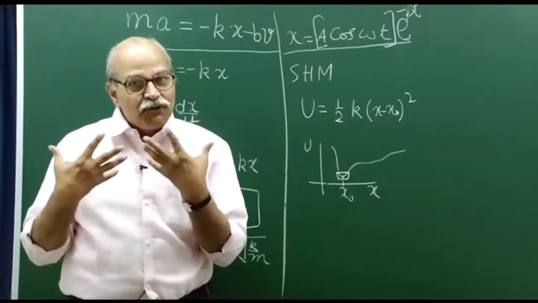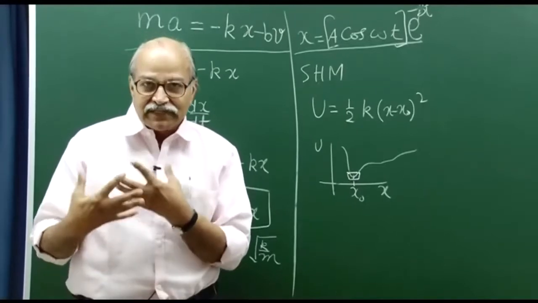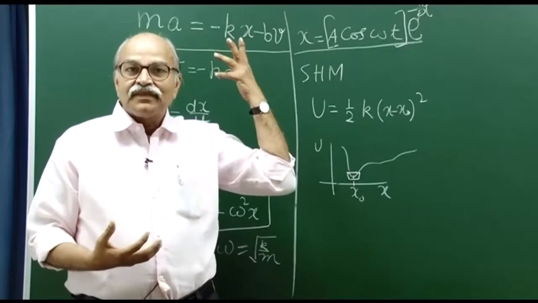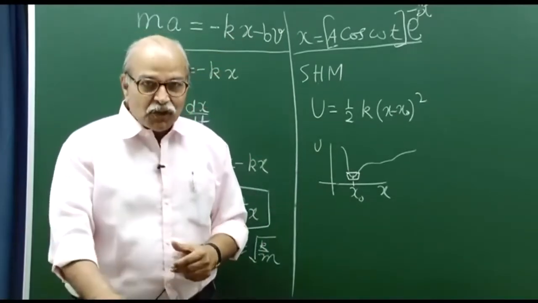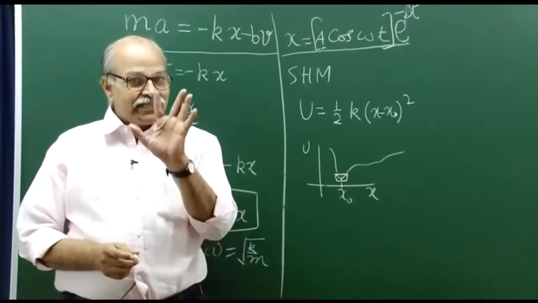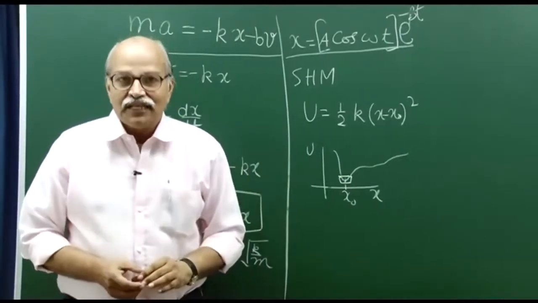If that force is an oscillating force with a certain frequency, and it is added to this system, then how will the system behave? That is the topic of today. Let me first show some experiments, and then we will discuss more on these equations.